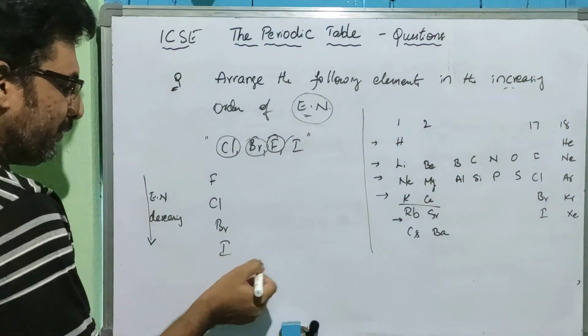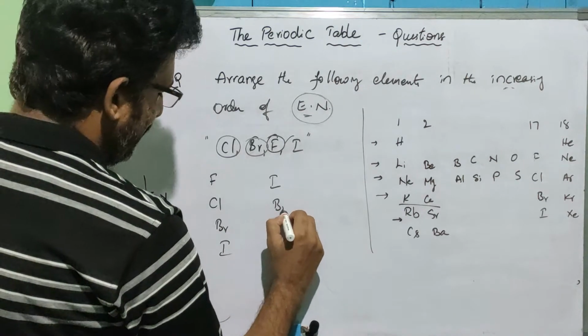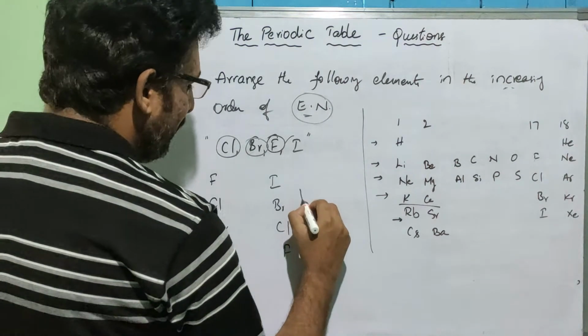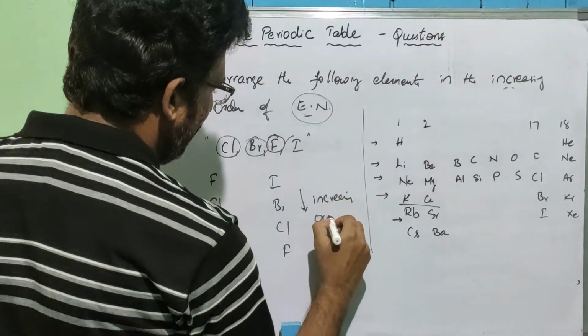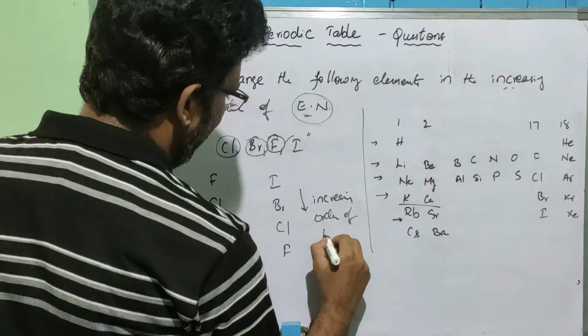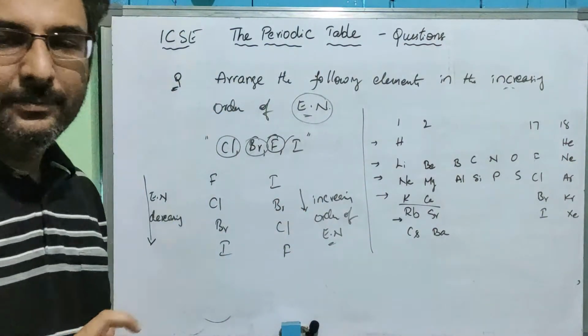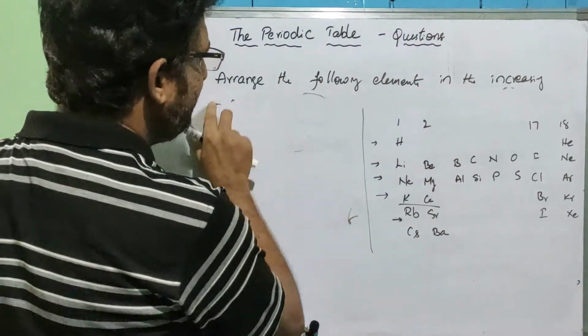So you have to reverse the order. So when you reverse the order it will be iodine, bromine, chlorine and fluorine. Now this will be increasing order of electronegativities of those elements.